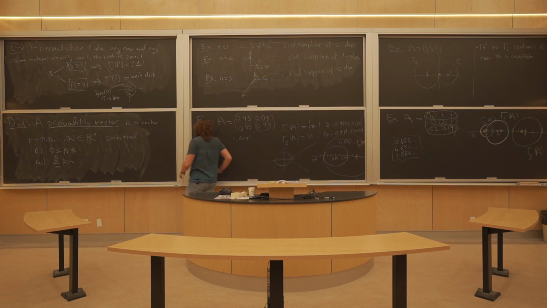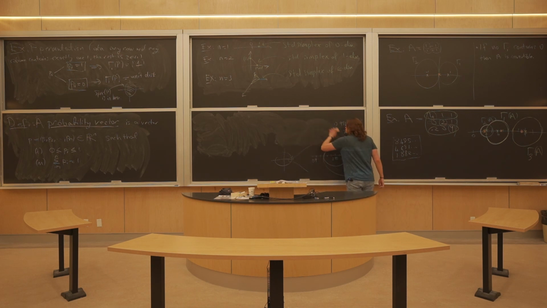Okay. So then I can, oh, I erased it, but this matrix that I just erased is a matrix each of whose columns is a probability vector. Okay?